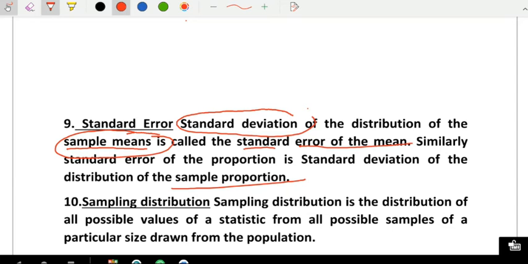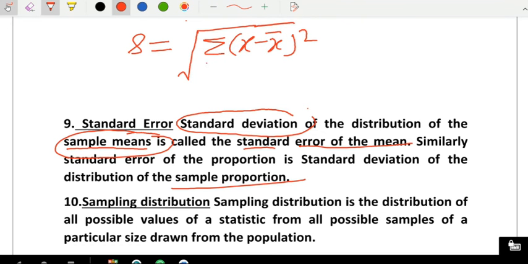Then what is the formula of standard deviation? I'll write here standard deviation, which you can represent as a small s. It equals the square root of sigma (x minus x bar) whole square divided by n.